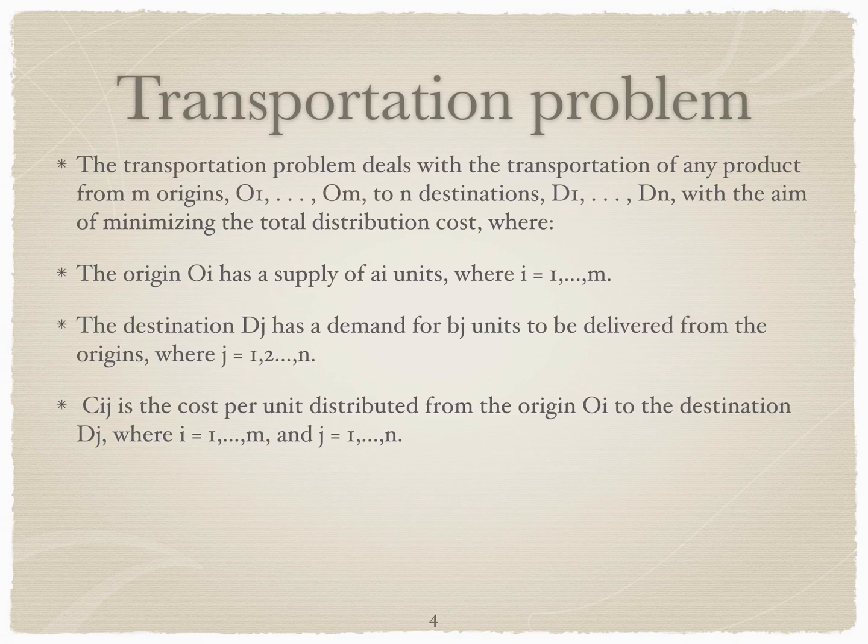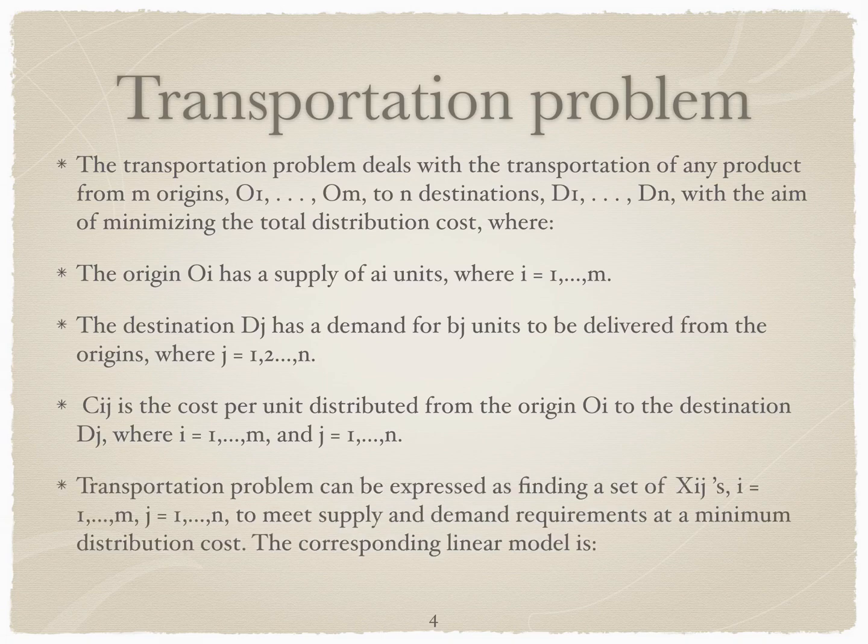Cij is the cost per unit distributed from the origin Oi to the destination dj, where i is equal to 1 to m means factory 1 to factory m, and j is the number of destinations from destination 1 to destination n.